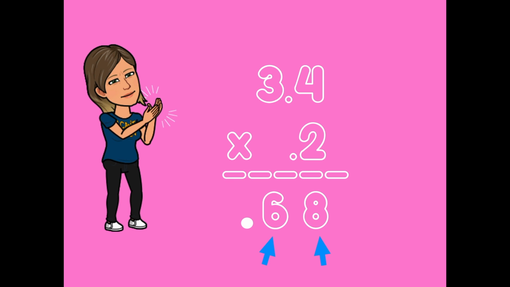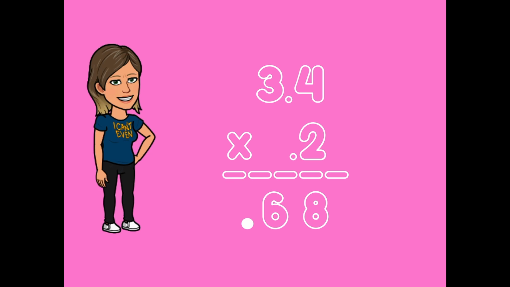Then the product will have 2 numbers after the decimal point, just like the problem had 2 numbers after the decimal point. Tenths times tenths gives you a product in the hundredths. 68 hundredths. 3 4/10 times 2/10 equals 68 hundredths.